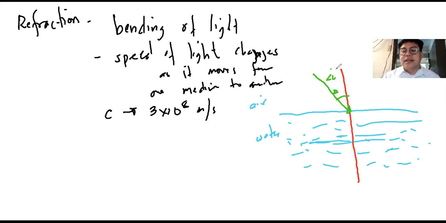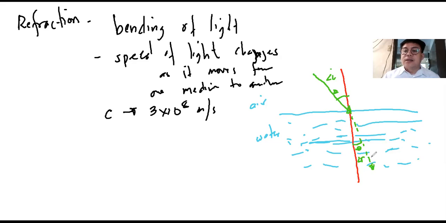Now, air has less optical density than water. So the tendency of the light ray, once it enters the water, is to refract towards the normal line. You will see this is the angle theta, which is the angle of refraction.